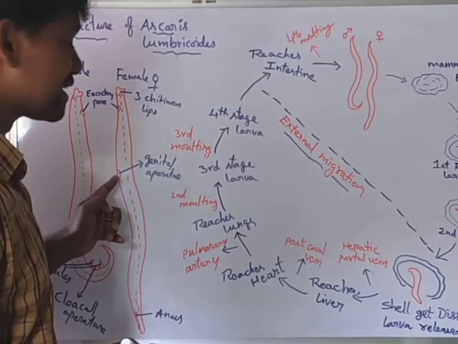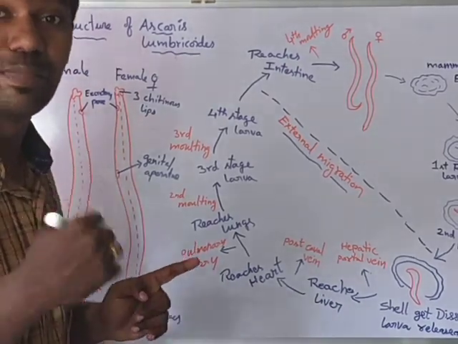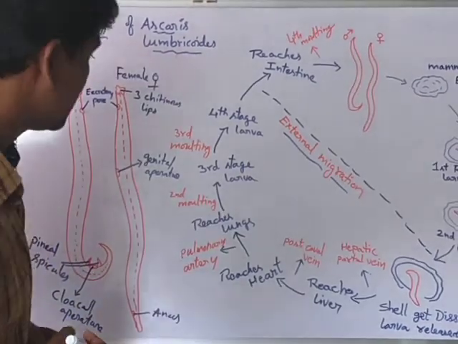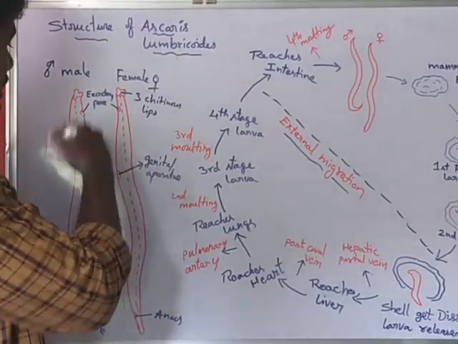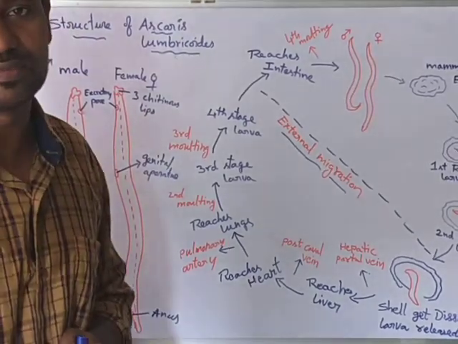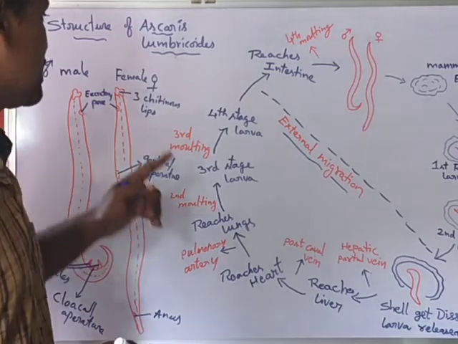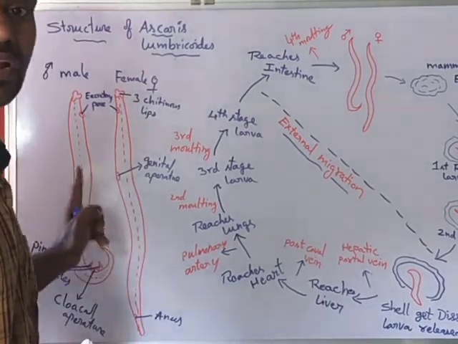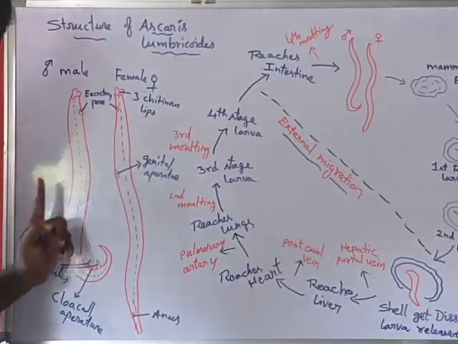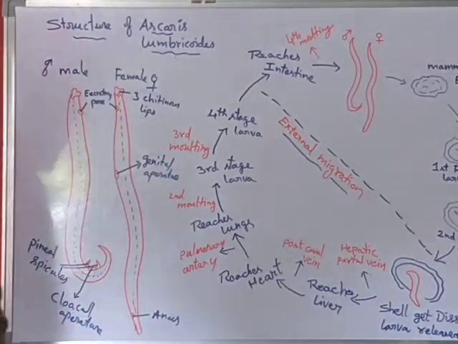It receives the sperm cells from the male. This is generally the structure of Ascaris lumbricoides. The female organism is larger than the male organism.